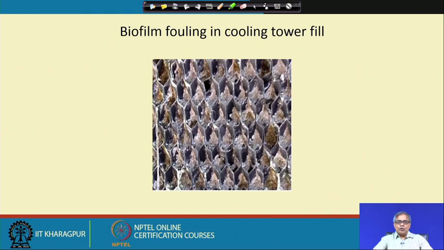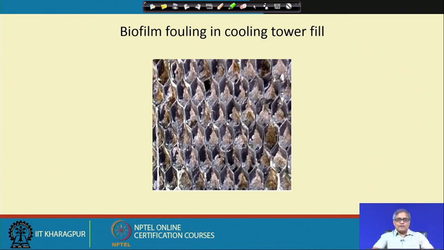That is very good for biological growth, and we can have biofilm formation, and biological fouling in this case. Of course, other kinds of fouling like precipitation and crystallization are also present.